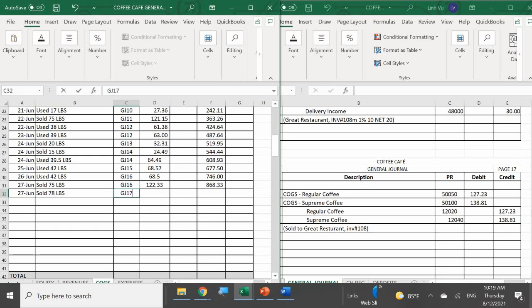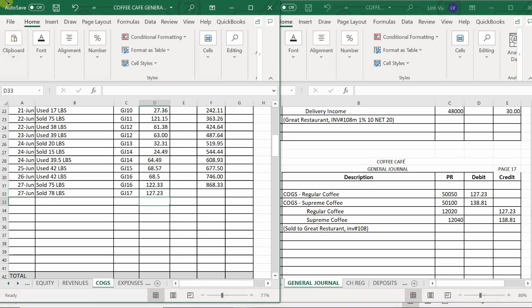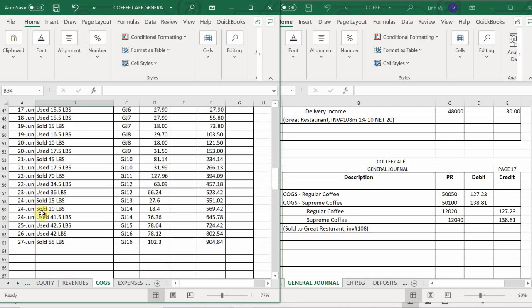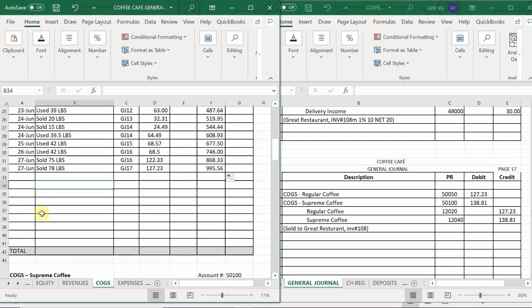General journal 17, right? Because I started a new page for 127.23. Right? Which then should give me a nice running balance of $995.56. Okay. Did I put 78? Yes, 78.